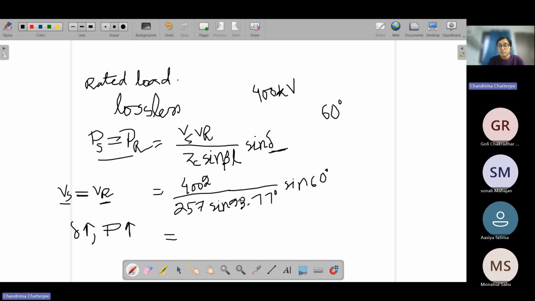Now can you calculate this? Sine 53... around 669.36 megawatts. 669 megawatt.